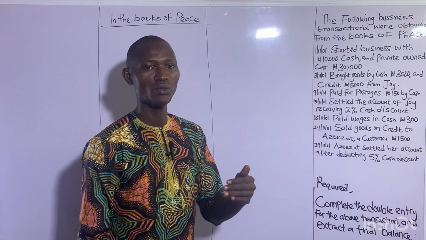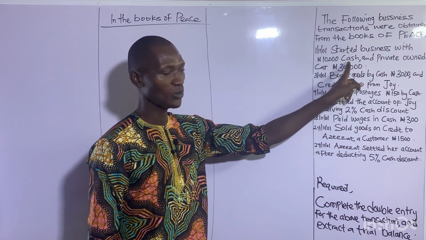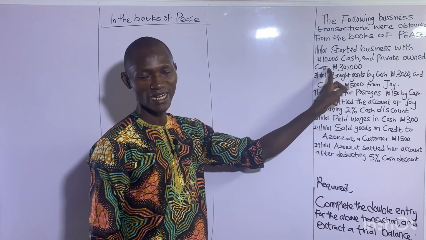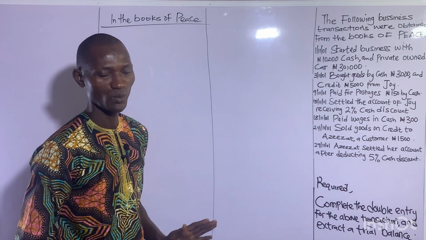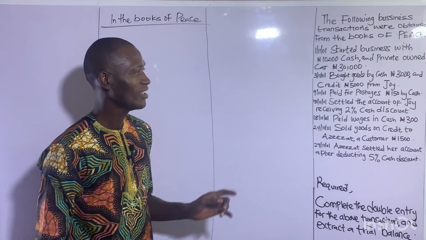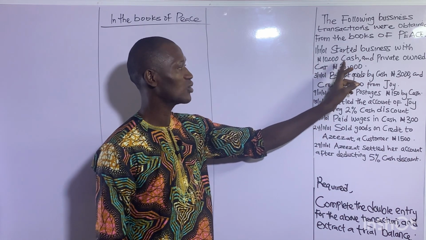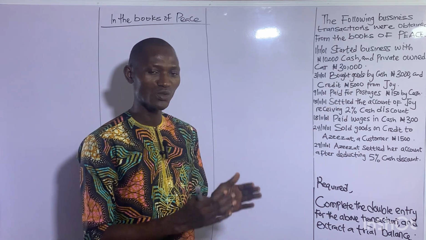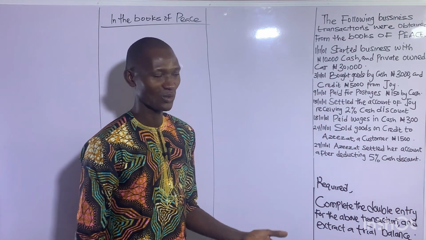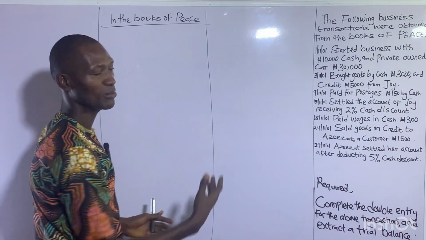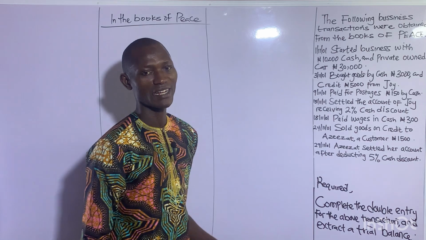Then the second account will be what the owner starts the business with, in this regard cash and car. So the capital account will be credited and the other accounts will be debited: cash account as well as the car or asset account. So let's open the capital account and we're going to open cash as well as car accounts.